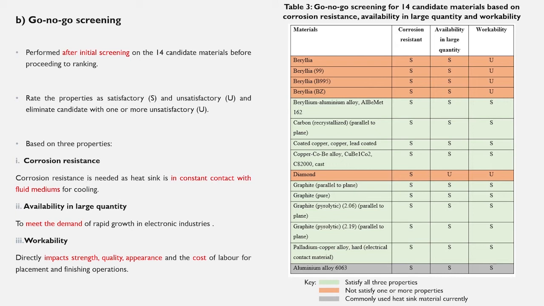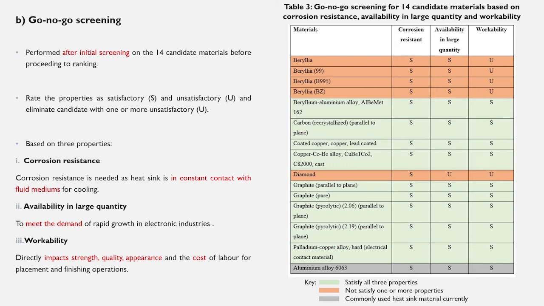Then for availability in large quantities, the diamond is unsatisfied, so the diamond will be the first material eliminated. Then we proceed to workability. Beryllia 99, Beryllia B 995, Beryllia BZ, and also Diamond will be eliminated.